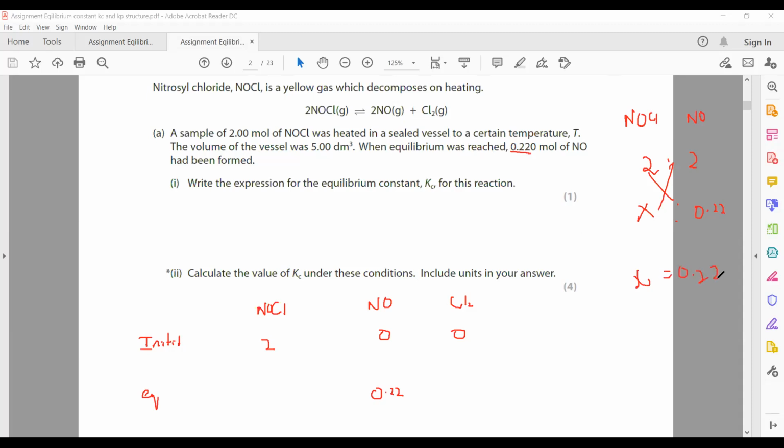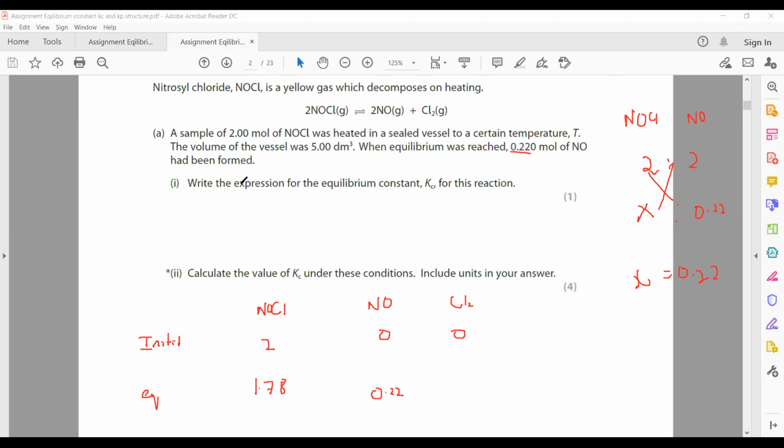But we don't need the number of moles reacted, we need how many moles are left at equilibrium. So originally it was 2 minus 0.22, which will give 1.78. So you will have 1.78 moles of NOCl at equilibrium.